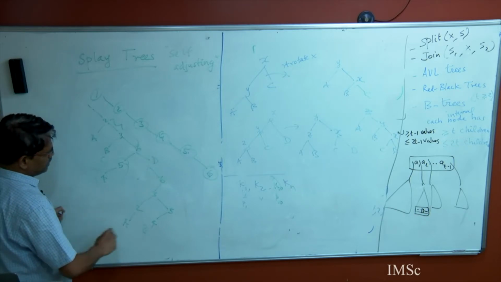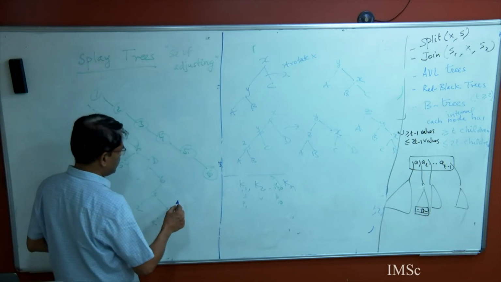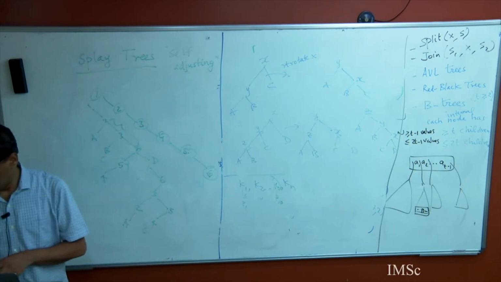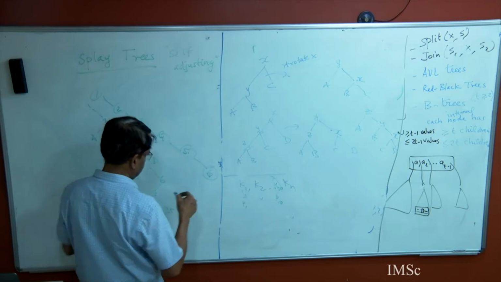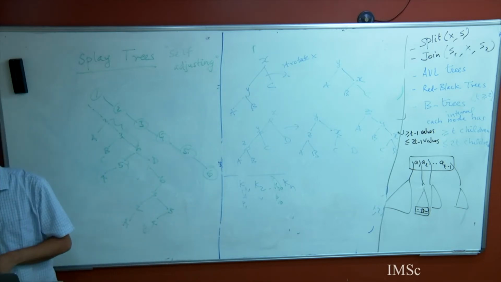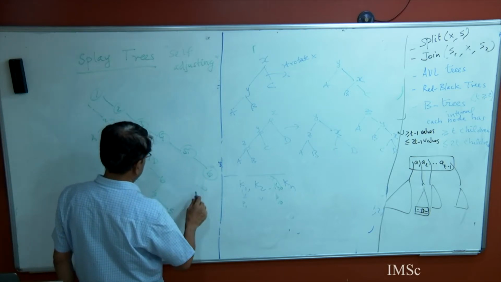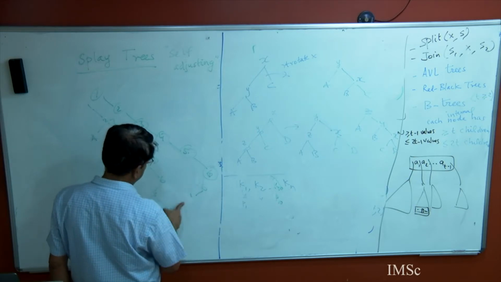Now if you look at the final tree, I have to bring 6 up, so I'll do a left rotation. So I will have 6, then 1. There's nothing to the left of 1, so this will be empty.